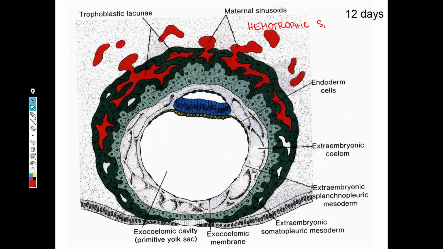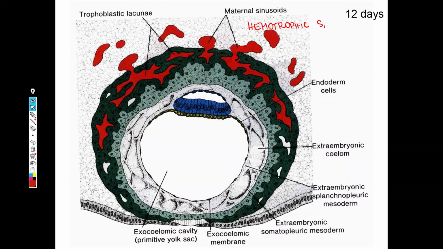So the feeding of embryo from the mother's blood, actually, this is what it means. And this will continue. And as you can see, oxygen, there are no vessels here, so oxygen can diffuse from the mother's blood and nourishes the trophoblast mostly. Yeah, so here is very good diffusion.